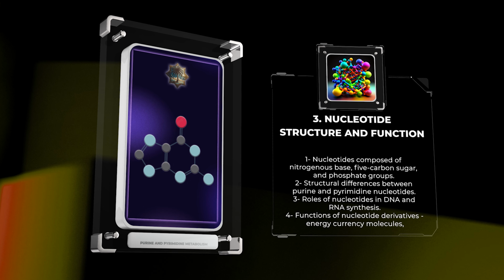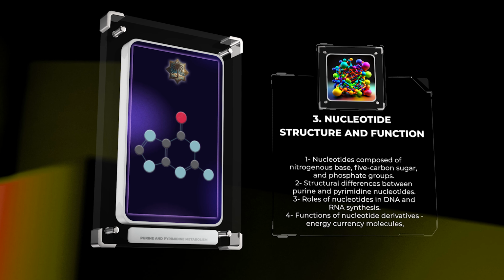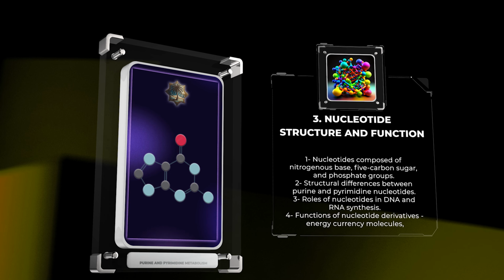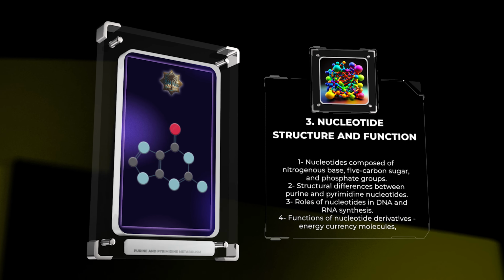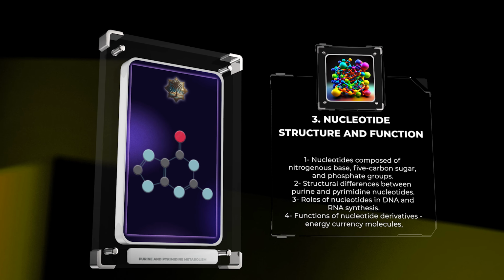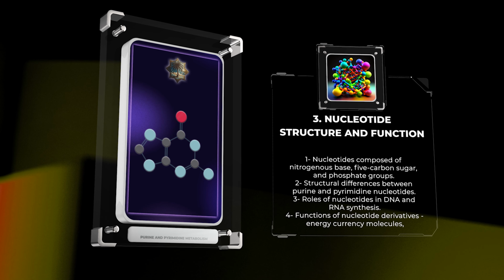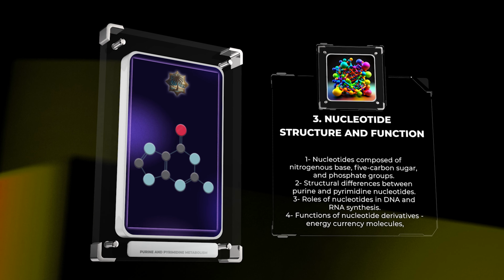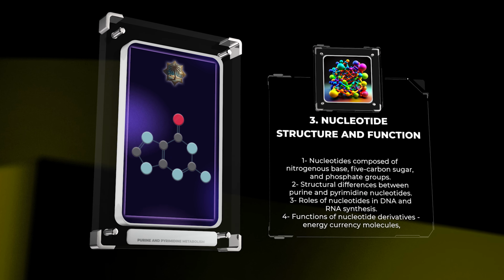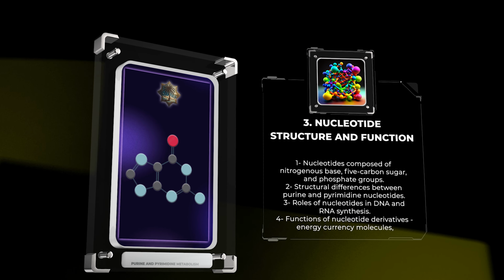Additionally, we will delve into the functions of nucleotide derivatives, including energy currency molecules, for example, ATP, GTP, coenzymes, for example, NAD, FAD, and second messengers, for example, cAMP. With a solid understanding of nucleotide structure and function, we can now proceed to uncover the intricacies of de novo synthesis of purine and pyrimidine nucleotides.